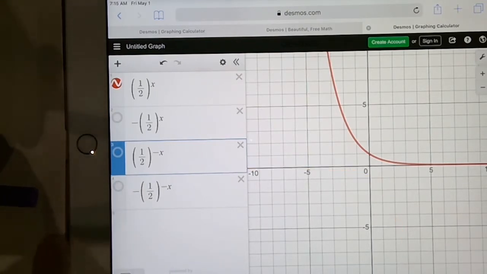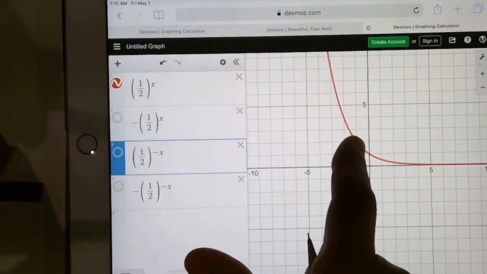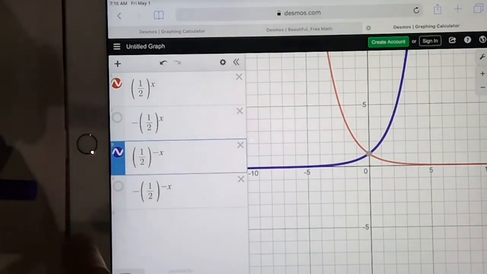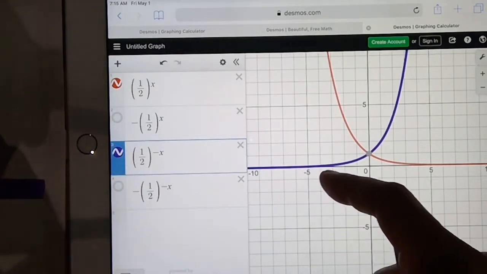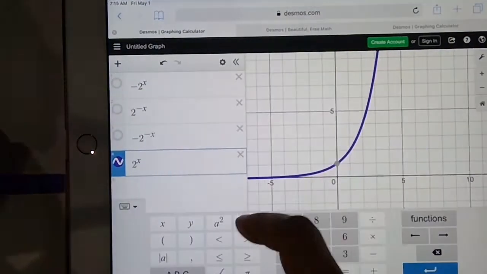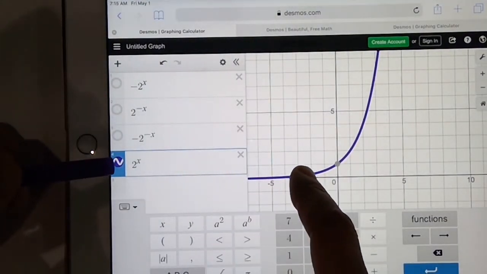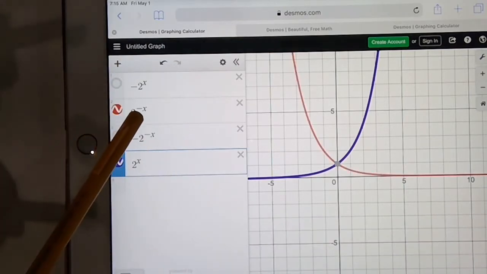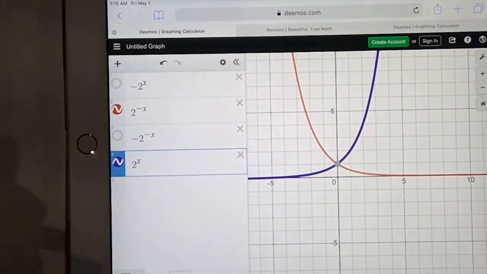Okay, so notice that this is exponential decay because it's going down. But if I were to put that negative with the x, oh, okay, now my graph is all of a sudden exponential growth. And same with this other one. This one, we know is exponential growth because of your base. But if we put that negative with the x, all of a sudden it made it exponential decay.